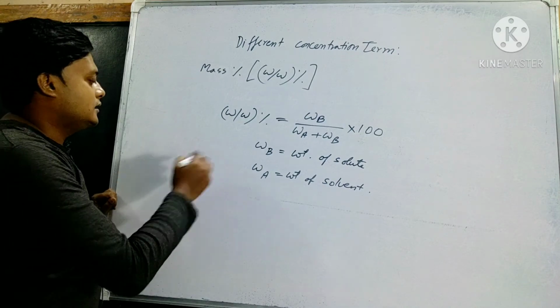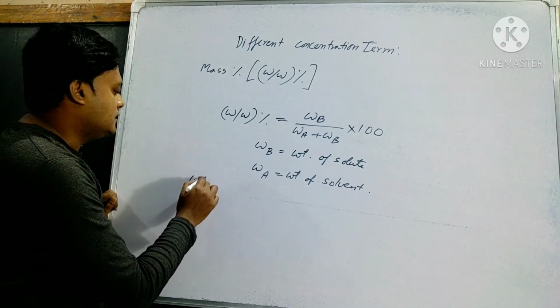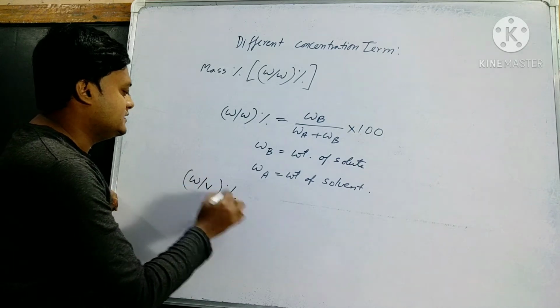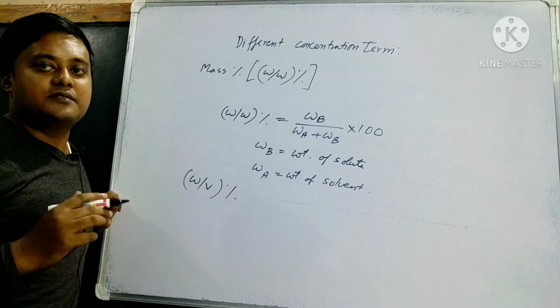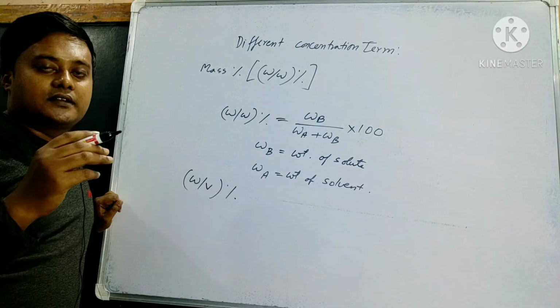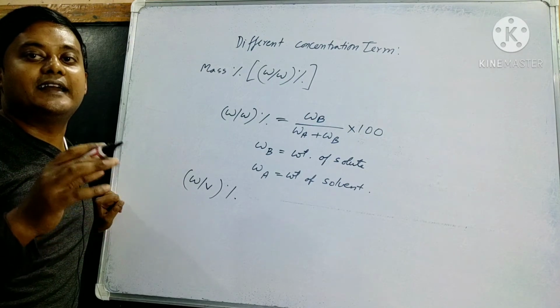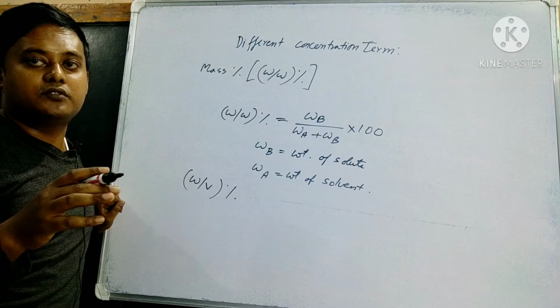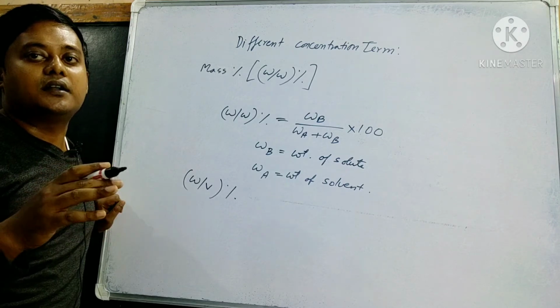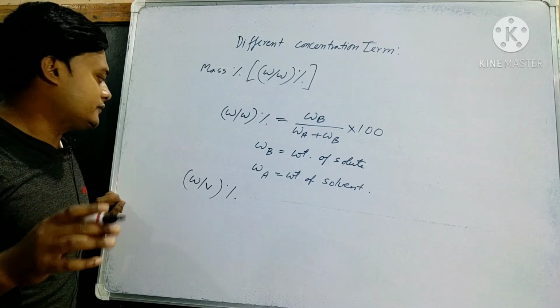Next one, mass by volume percentage. That means the amount of solute present per 100 ml of solution.